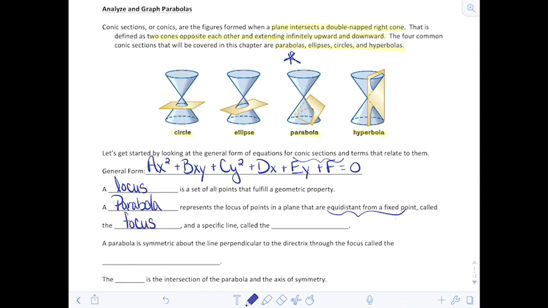So a parabola is going to have a fixed point, which is actually not on the parabola. It's going to be located inside the parabola on the axis of symmetry. But that is part of what helps form a parabola. And then there is a specific line called the directrix. Okay, and we'll visualize those here in just a minute.